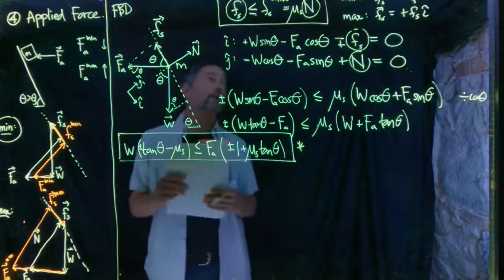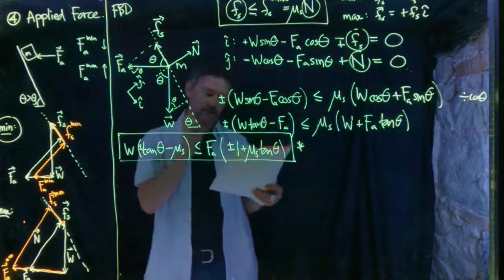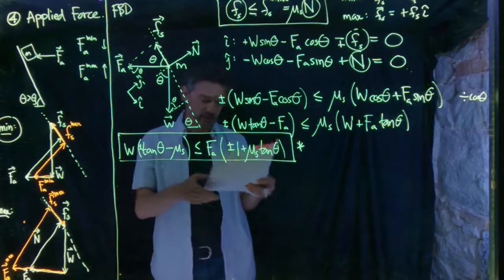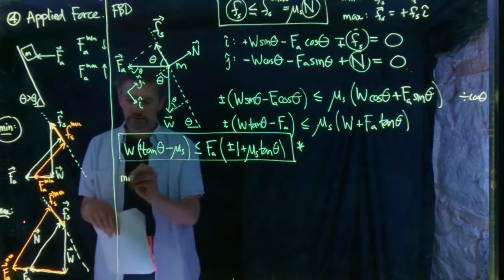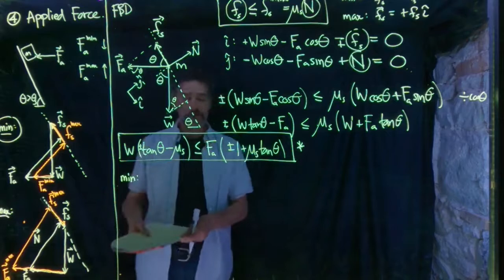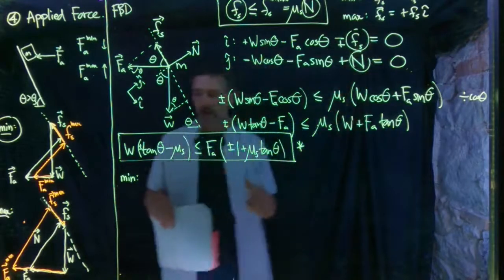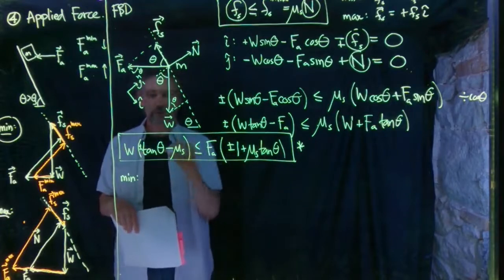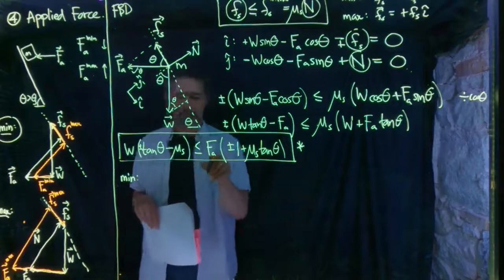Now we're going to look at these two cases and think about them, because they're kind of interesting. For the minimum case, we're looking at the upper sign. So in this equation, we just take the upper sign, and then we solve for FA.